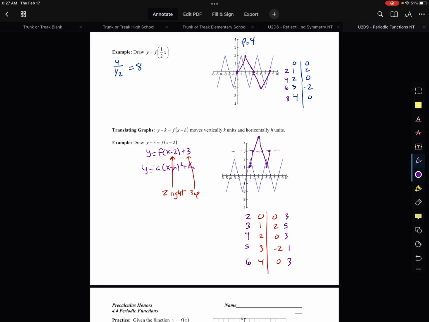Then I would go back up, I'd have (0, 3), and we continue on, (-1, 5), and so on. So the graph is not just that little spot that I placed it. The graph is continuous. I use this XY table to help get exactly where I see it. But overall, I shifted the entire thing right 2 and up 3.